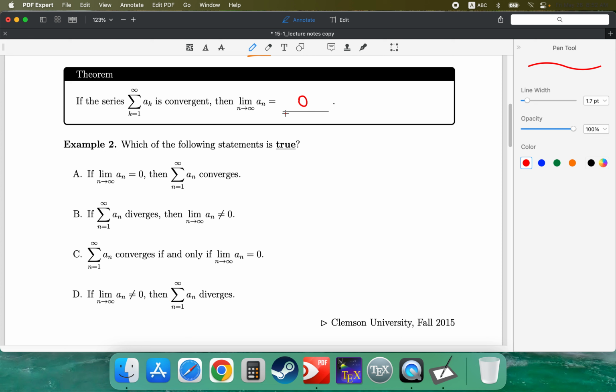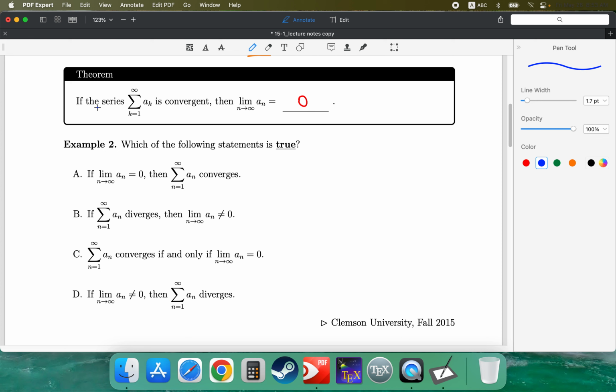It seems like this is true. But A is not the correct answer, because we say that if the series is convergent, then the limit is 0. But we didn't say what happens to the series if the limit is 0. In fact, we don't know that. We will talk about that later.